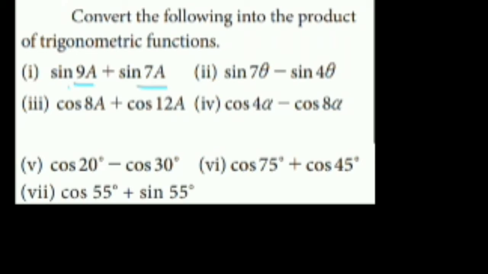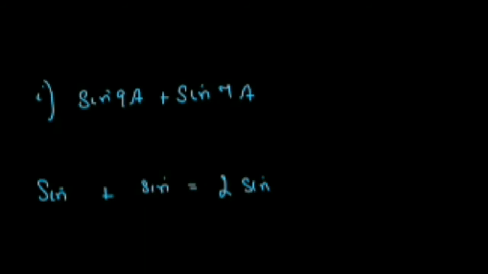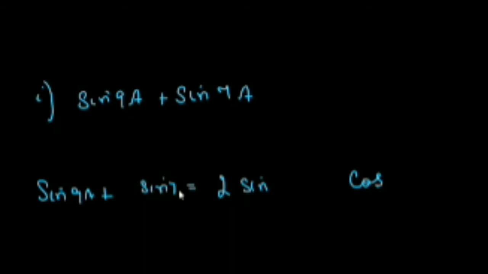The first one is sine 9a plus sine 7a. So write the formula. Sine plus sine is 2 sine cos. Okay, you are just converting the summation to product. 2 sine, just leave some space here and write. Now it is 9a and here 7a.